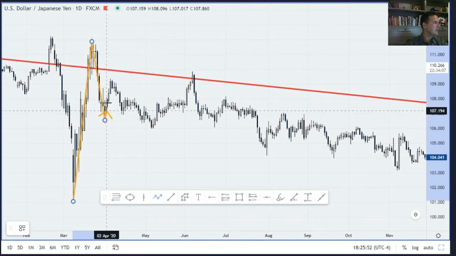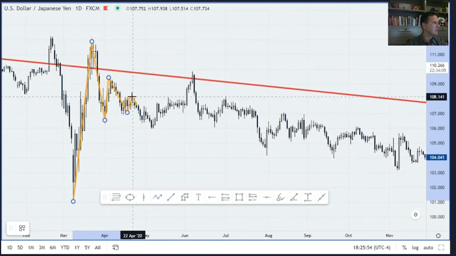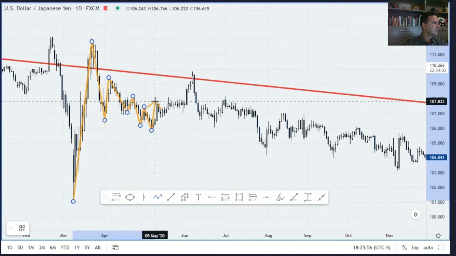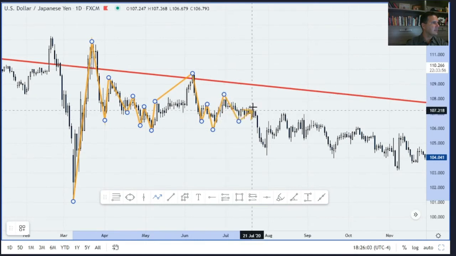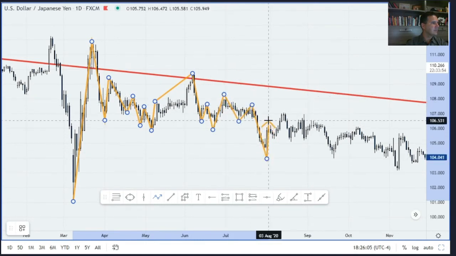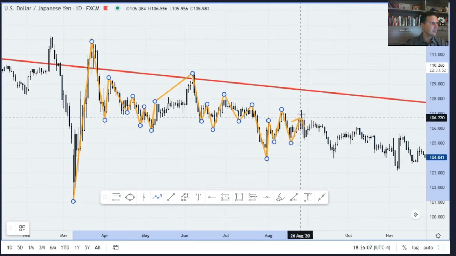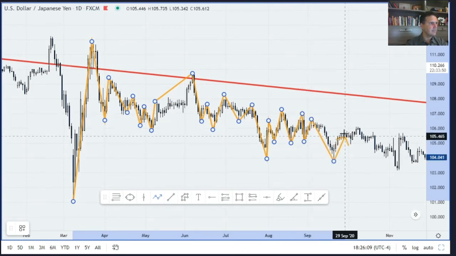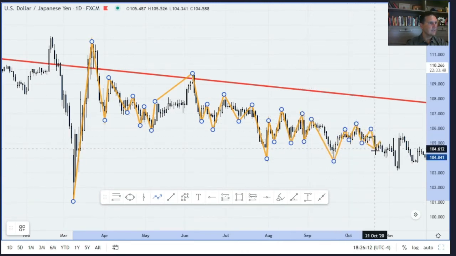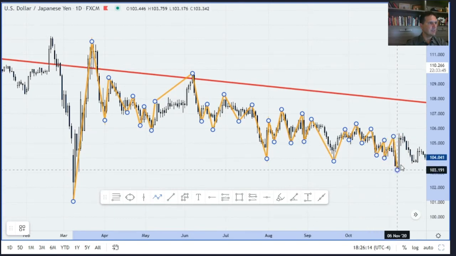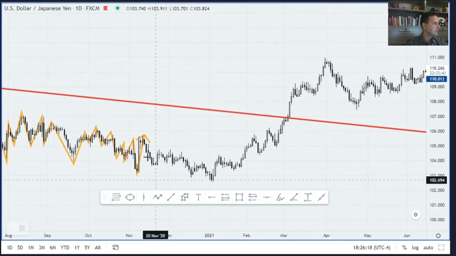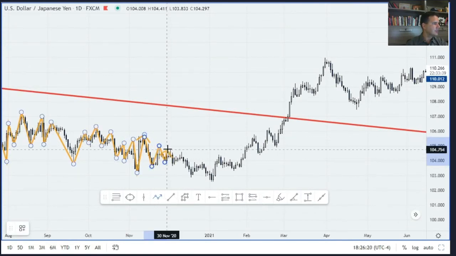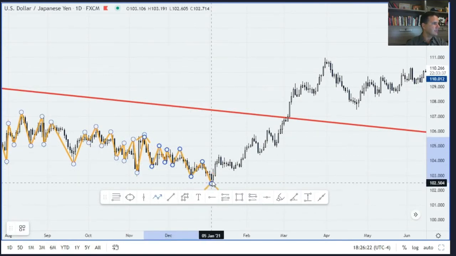Low to high, high to low, low to high, high to low, low to high, and so on. It must be a sequence, everybody. After the low must come a high. After the high must come a low. So high to low, connecting highs and lows.